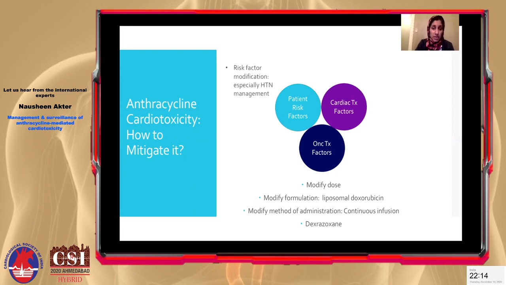Risk factor modification is especially pertinent with regards to hypertension management. Prophylactic goal-directed medical therapy has been shown to be especially useful in patients receiving serial administration of anthracycline followed by anti-HER2 therapy.